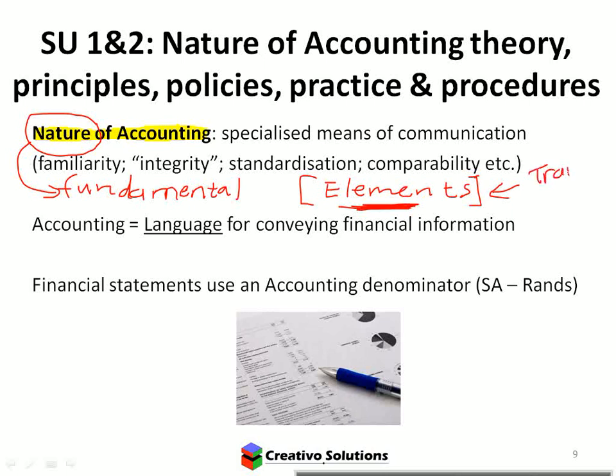We're going to practice taking transactions and breaking them up into the elements, because if we can get them to the elements, then it's easier to understand. And it makes your studying easier as well, because then you just need to study 6 rules instead of 20, 30, 40, 50 rules, depending on how much accounting you do.